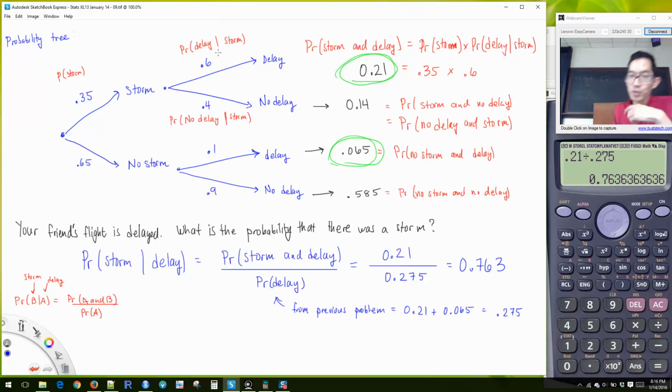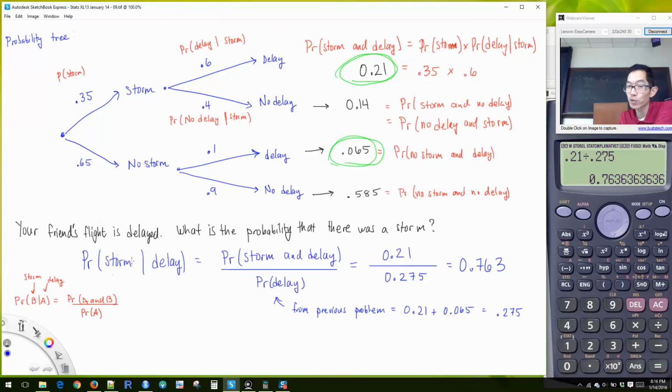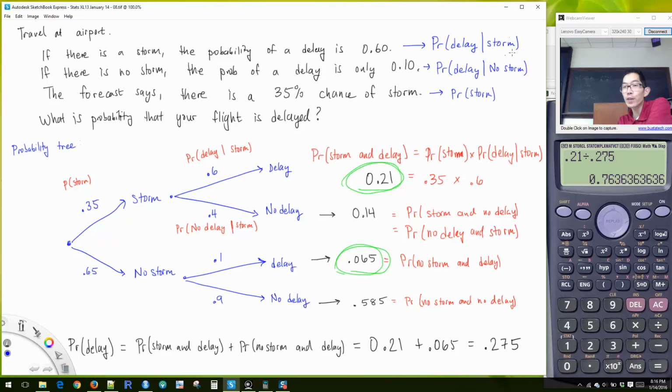Okay, so notice these are the probability of delay given storm, and that's 0.6. And over here we have storm given delay, and that's a different thing. Over here, if it's known that there's a storm, the probability that we end up getting delayed is 0.6.